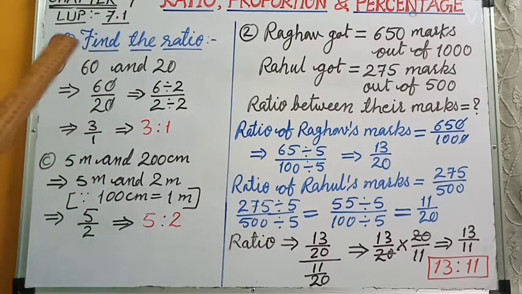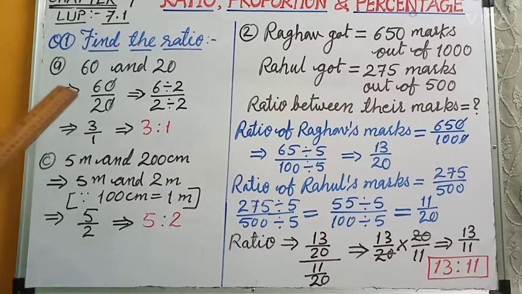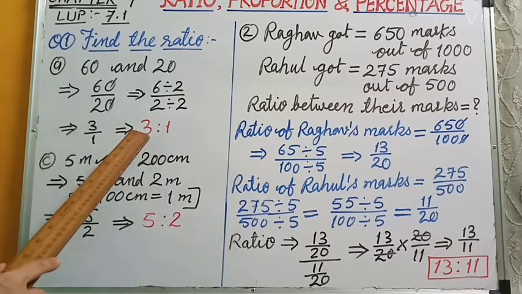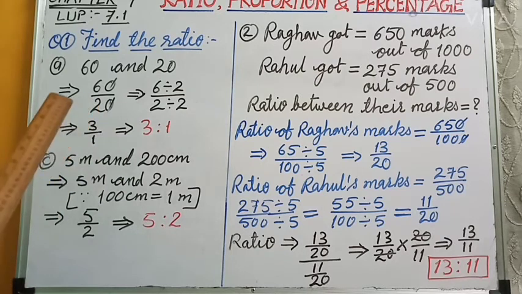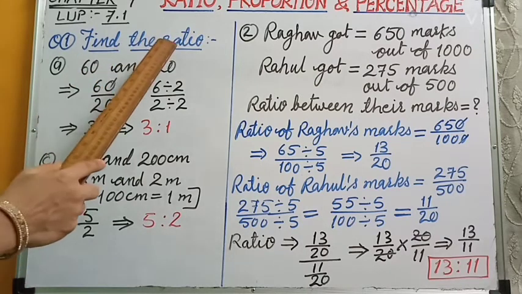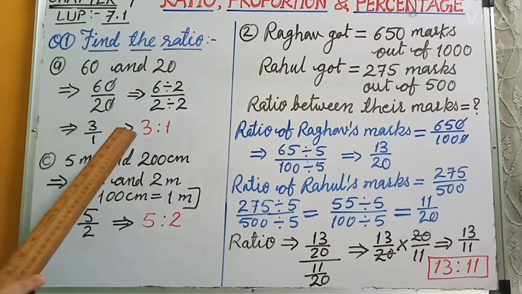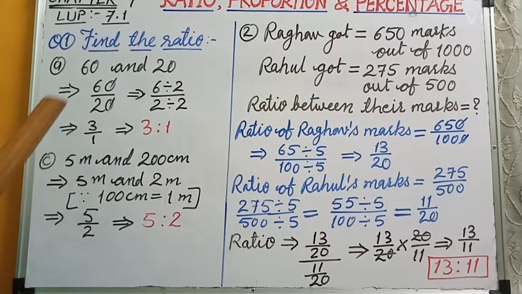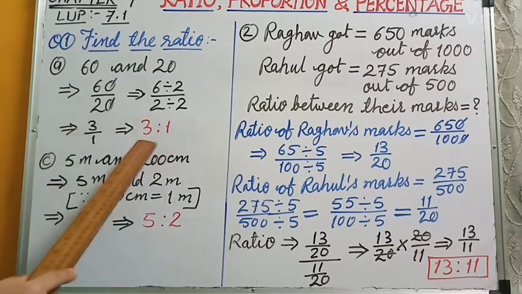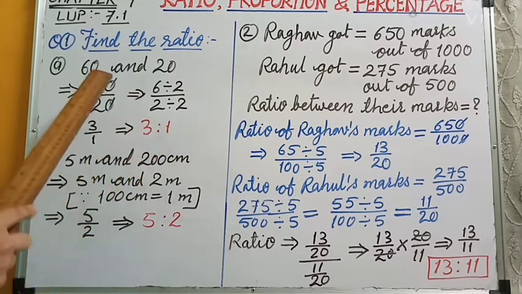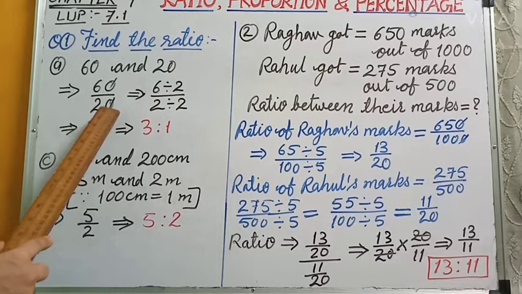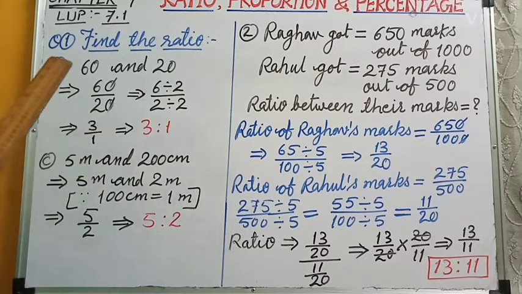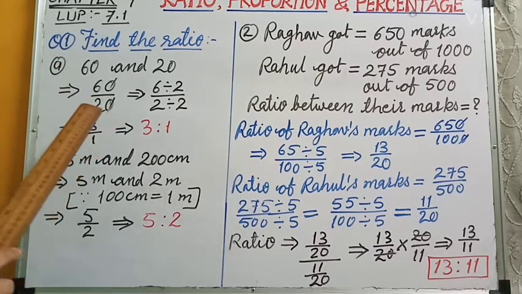Then the third rule is, the ratio does not have any units. Like in length, weight, capacity we have units, in area, perimeter we have units, but ratio does not follow any unit. So three rules we have learned: ratio can be represented in simplest form, both the quantities should be in the same unit, and the third one is the ratio does not follow any unit.